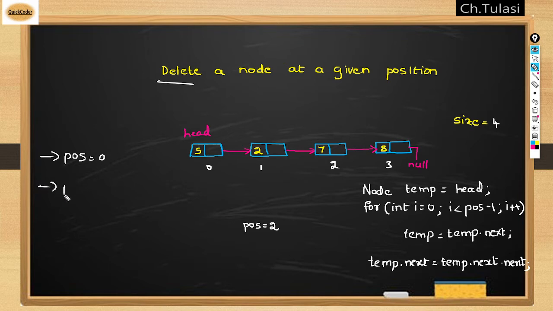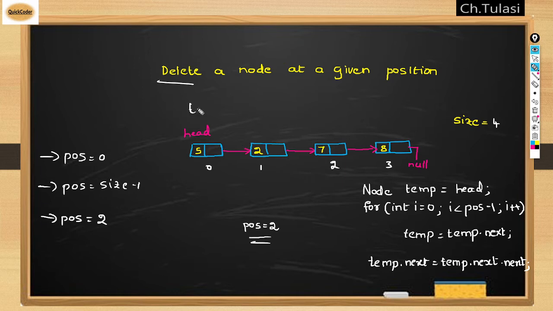And if my position is equal to size minus 1, I want to delete the last node. We also implemented how to delete a node at the end of the linked list. So what if my position lies in between these two? For example, if my position is equal to 2, I want to delete this second position node.